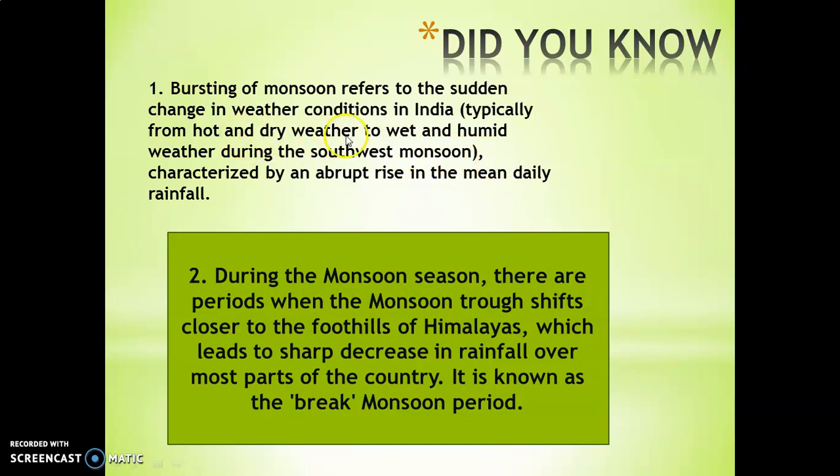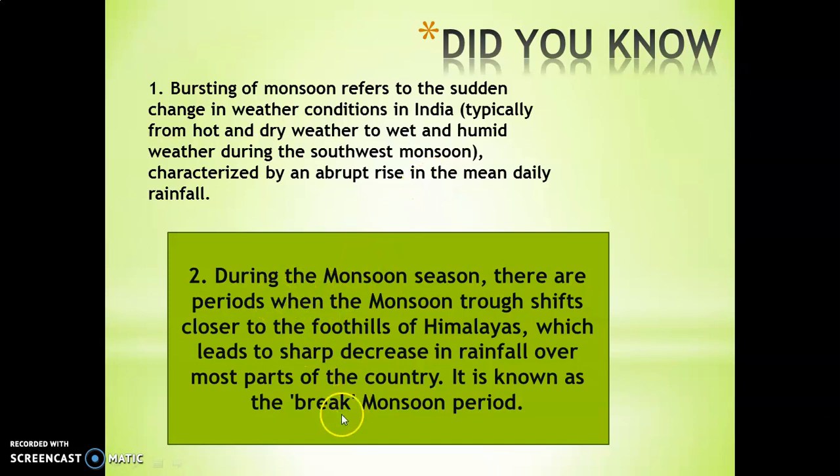During hot weather season, as we know, no rainfall occurs. But after hot weather season, when the rainy season starts, sometimes suddenly heavy rainfall occurs during southwest monsoon. So we can say this is burst of monsoon. Sudden change in weather condition from hot weather season to rainy season.